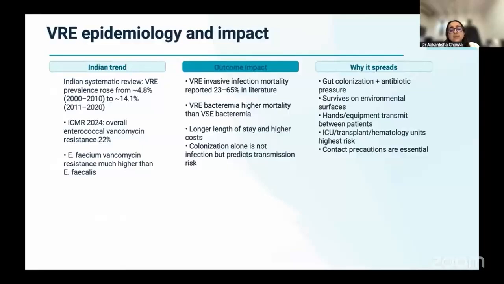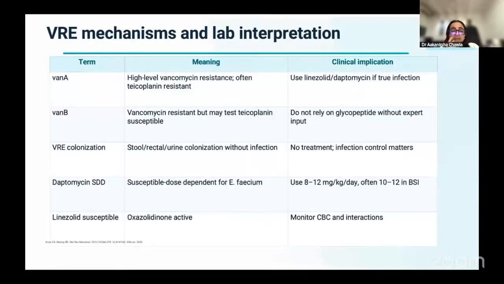So VRE epidemiology and impact in India. It has been seen that the prevalence is low, but it has risen from 4.8% in the 2000s. In 2020, it had almost become 14.1%. So, what are the mechanisms by which Enterococcus develops this vancomycin resistance? So, there's VAN-A resistance, which is a high level of vancomycin resistance, and in VAN-A, it is often even resistant to teicoplanin.